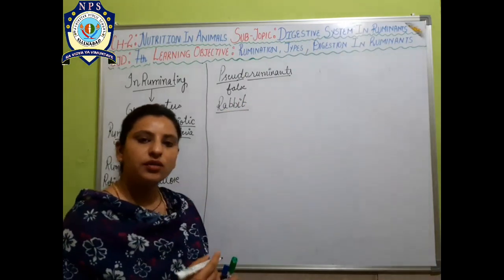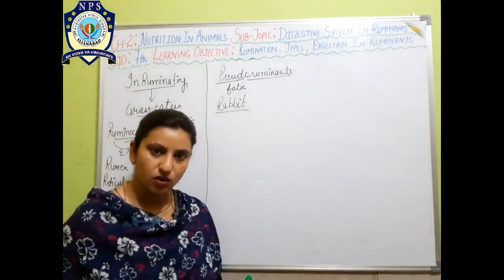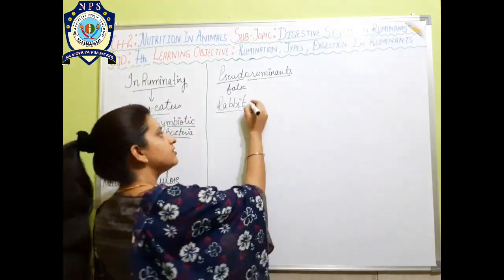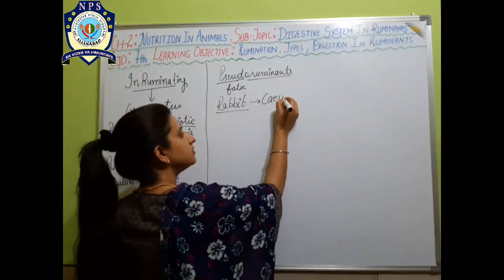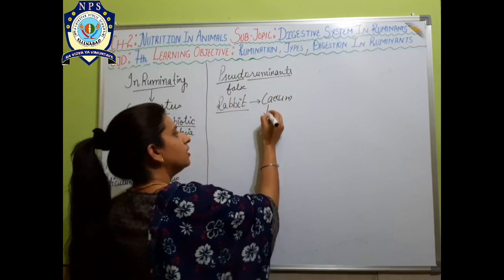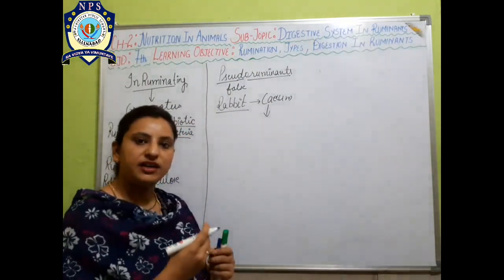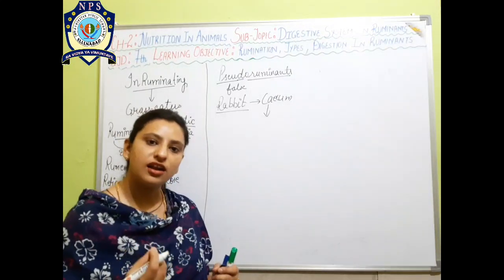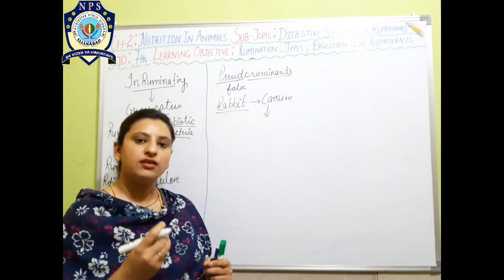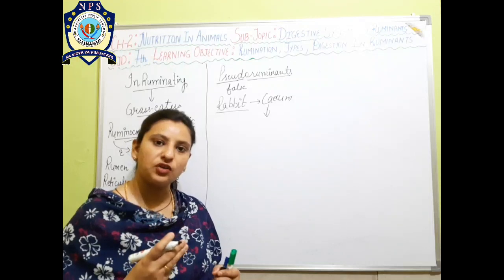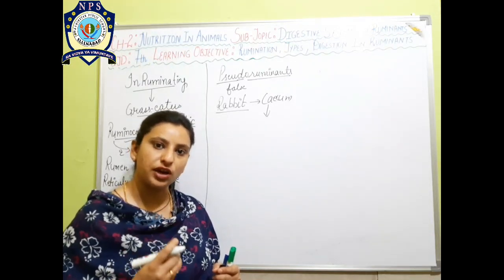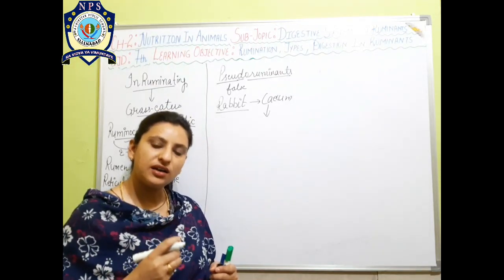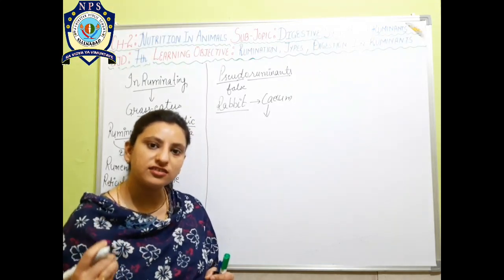What is the rabbit doing? The rabbit does not have cellulase in it. So in the cecum part, it digests the food. As we discussed in our earlier lecture, the small intestine is the part where the maximum absorption of nutrients from the food takes place, but the cecum is the first part of the large intestine.